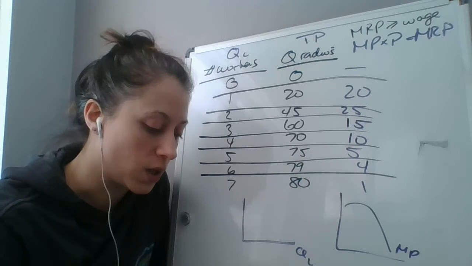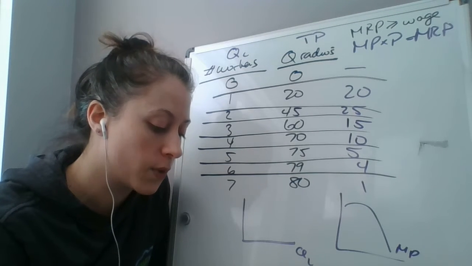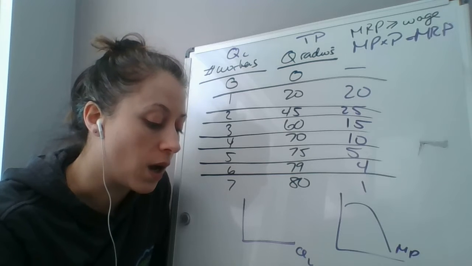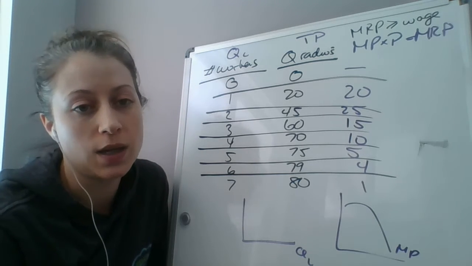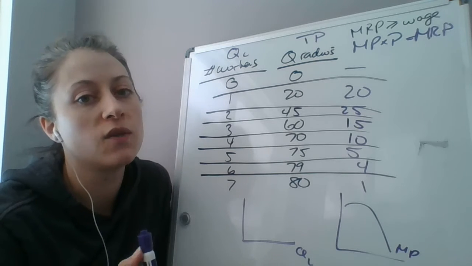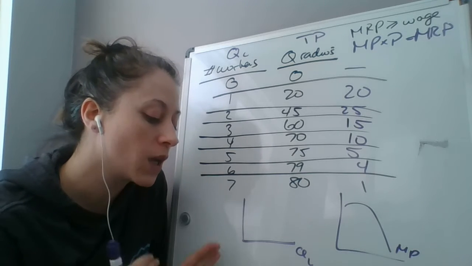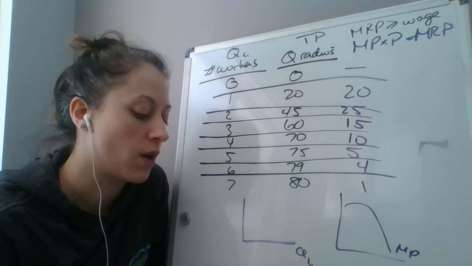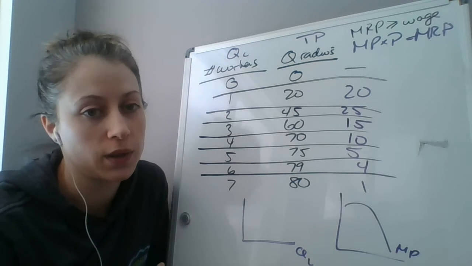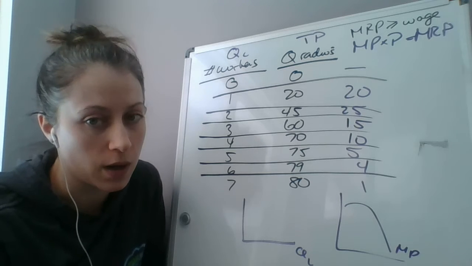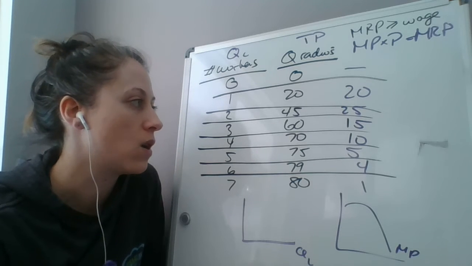Now, the question says you can produce all the clock radios, each of them being sold for a price of $20 each. So we're in a perfectly competitive product market, and each worker is getting paid a wage of $90 per day per worker. So we're also in a perfectly competitive labor market, which is a key thing to know here.